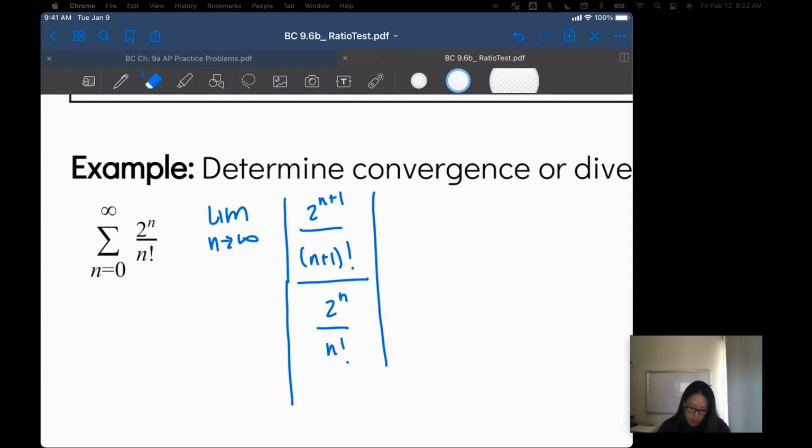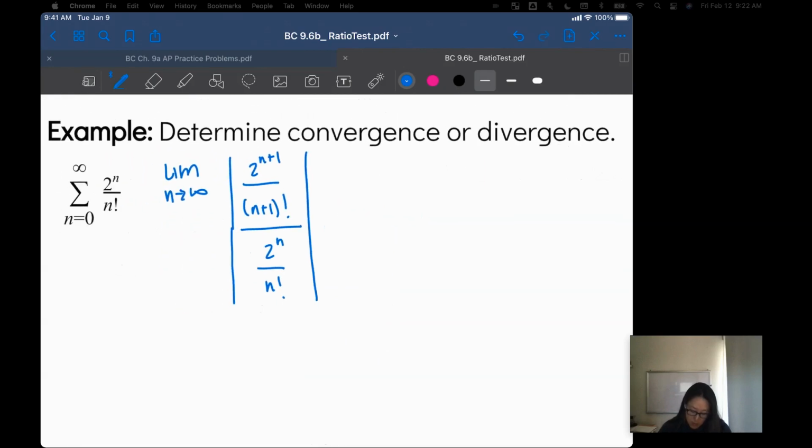Okay, so when we divide, we are just multiplying by the reciprocal. So this is just equal to the limit as n approaches infinity of the absolute value of 2 to the n plus 1 over n plus 1 factorial times the reciprocal of a sub n, so n factorial over 2 to the n.